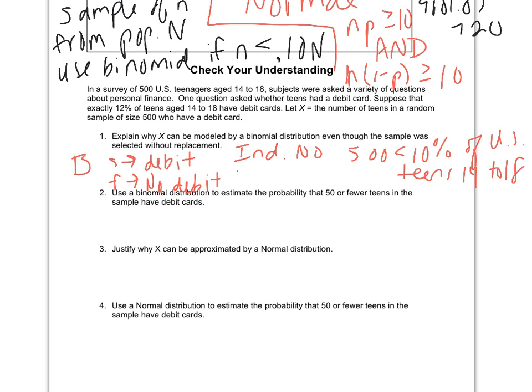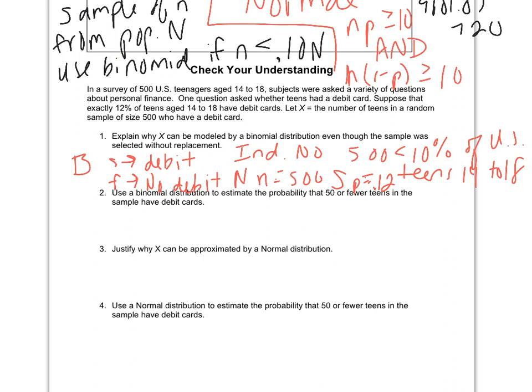And then I do have a set number in my sample, 500, and the probability is the same all the way through, right? My probability is 0.12. So I'm good on the rest of those conditions there.